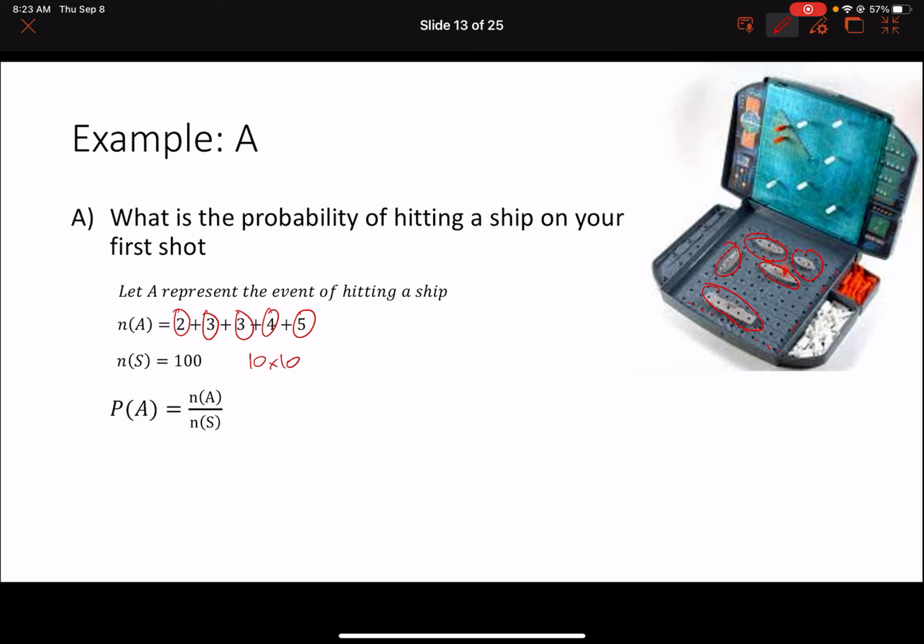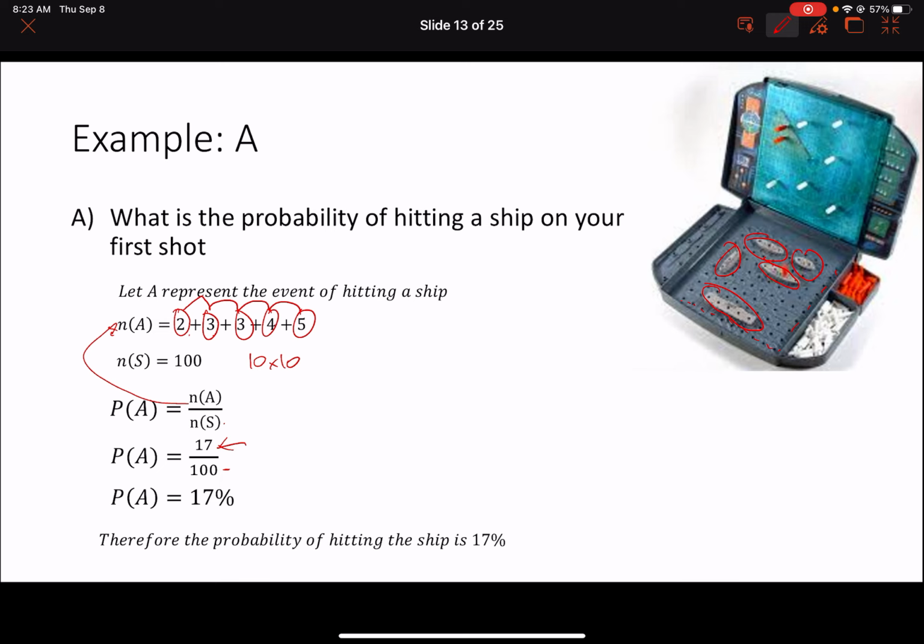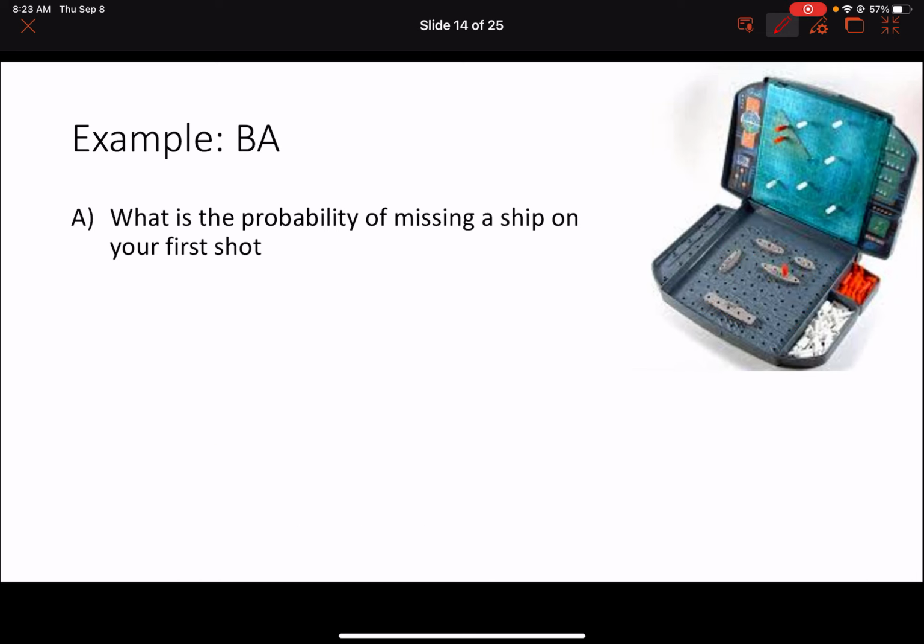Okay? So the probability of hitting a ship on your first shot is NA over NS. Now 2 plus 3 plus 3 plus 4 plus 5 turns out to be 17. And S is 100. So the probability of hitting the ship on your first shot is 17 over 100. Therefore, the probability of hitting a ship is 17%.